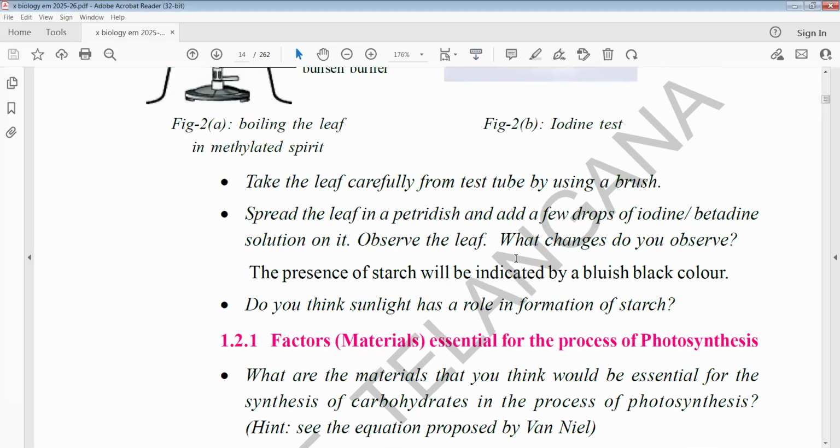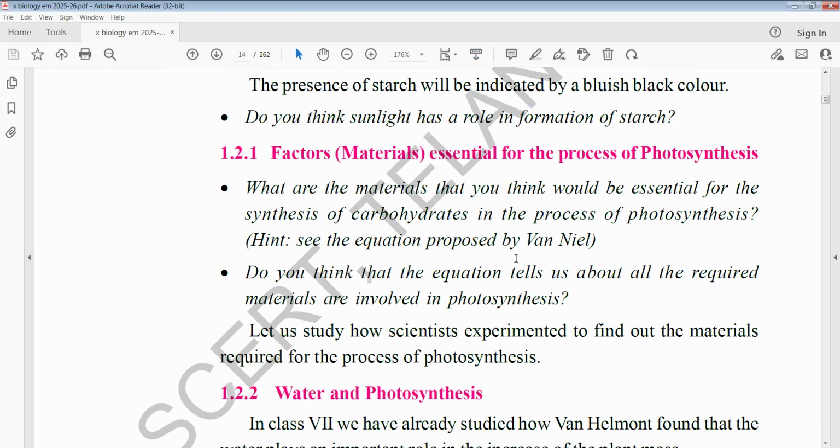Next, another important one: factors affecting or essential for photosynthesis. When we discuss many factors, for example, if a plant has more leaves and broad leaves, then that plant carries out more photosynthesis, whereas a plant with fewer and smaller leaves carries out a lower rate of photosynthesis.